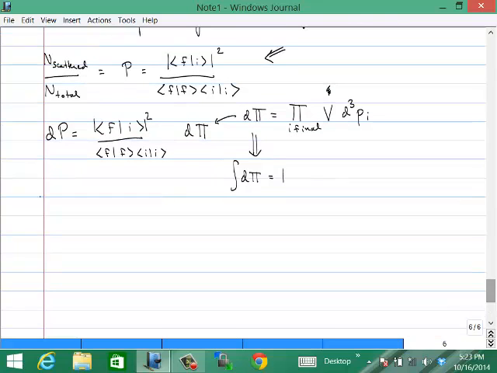So what is the flux of particles? Here we just think about a single particle. If you have one particle, remember that the flux is defined as the number of particles in a beam per unit volume times the velocity of the beam.